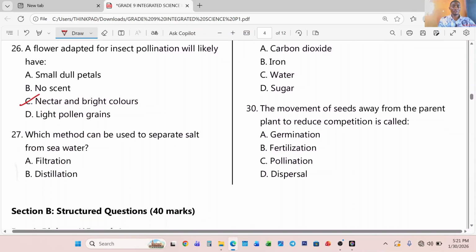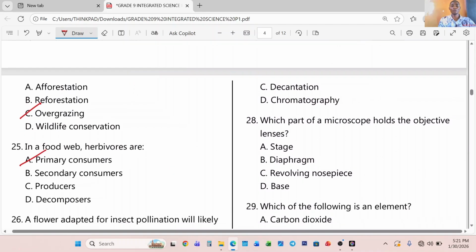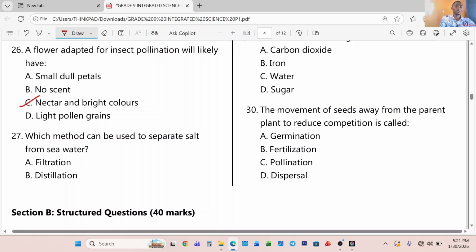We also have distillation, decantation and chromatography. So the correct answer to this question is B, distillation, where salt is left in the flask as water evaporates and condenses on the other side of the setup. So the correct method is distillation.